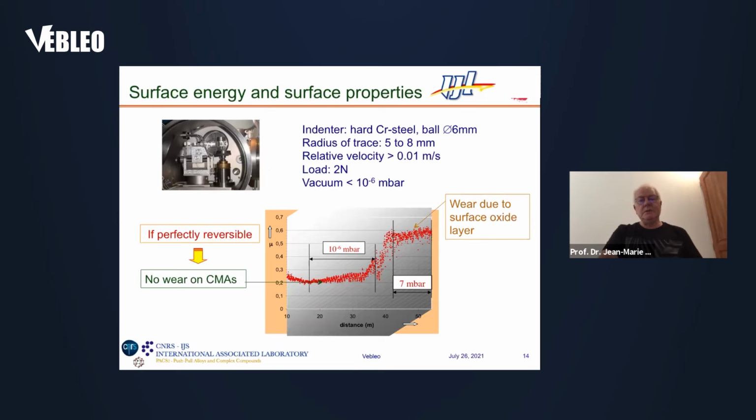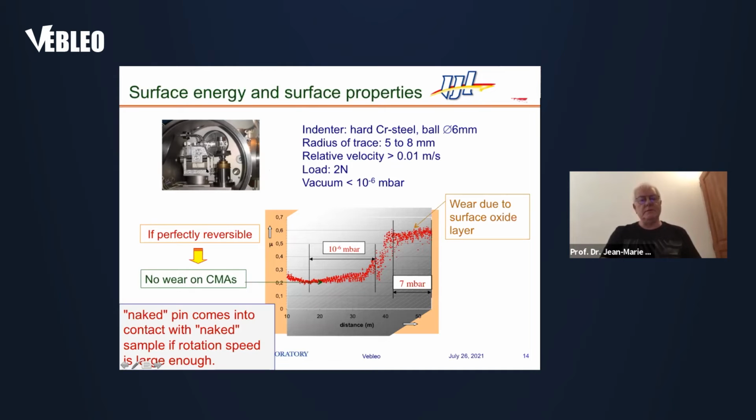So now let me come to surface properties. One typical is friction, which I can, for instance, measure using a pin on disc instrument housed in a vacuum chamber, like it is difficult to see on this figure.